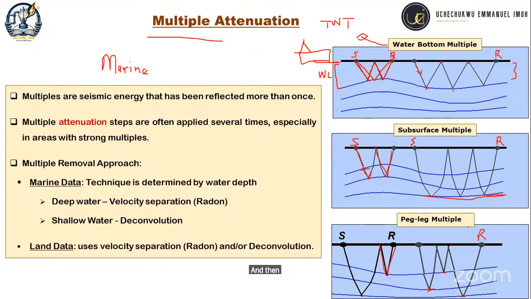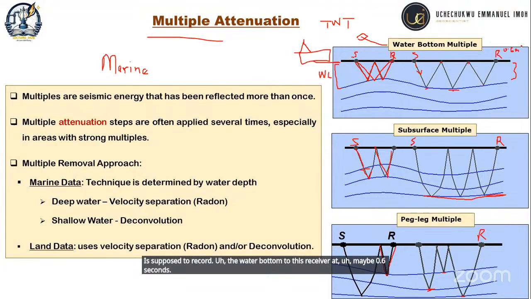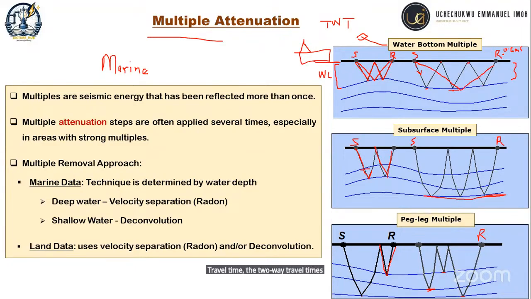For instance, for the water bottom multiple, if the source is supposed to record the water bottom at this receiver at maybe 0.6 seconds, after recording the normal two-way travel time at 0.6, it will still record the multiple. The multiple will still arrive maybe at 0.9 seconds. Another one may arrive at maybe 1 second.